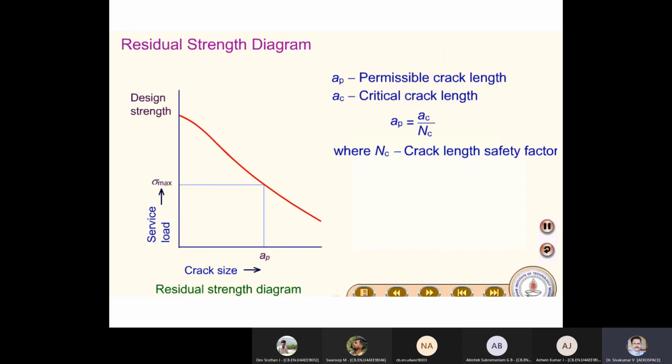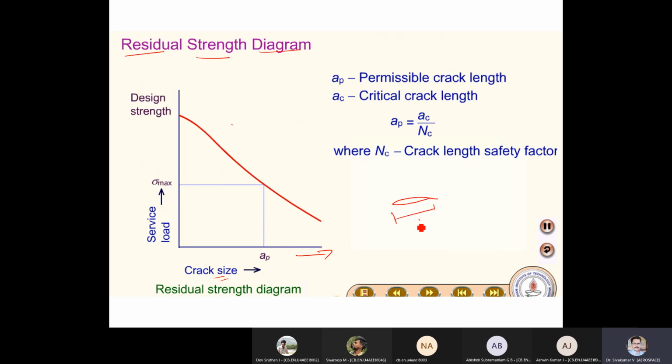This is called another important thing, the residual strength diagram. You can see here, this is crack size. Crack means what? I have a crack inside a material.